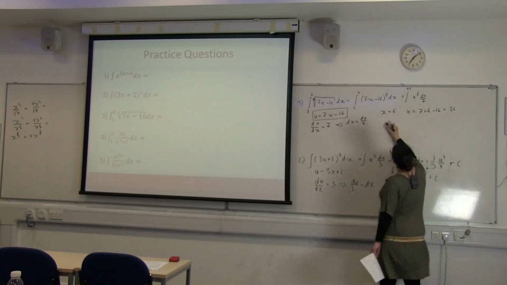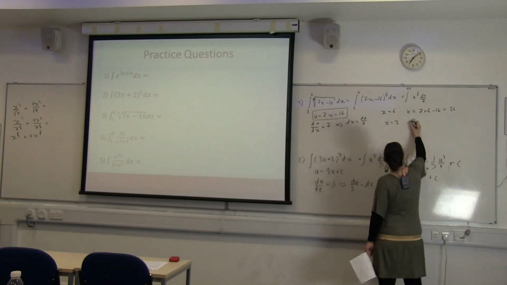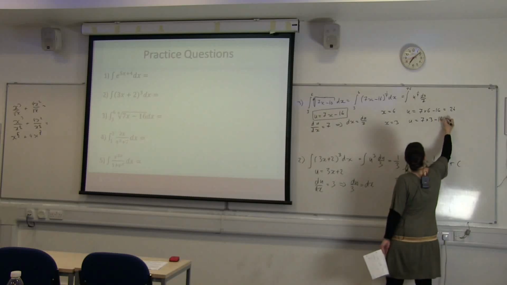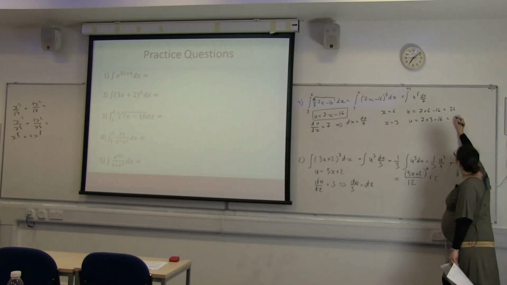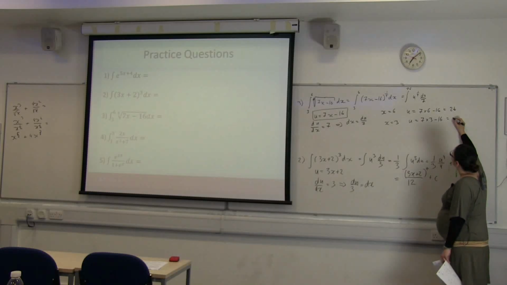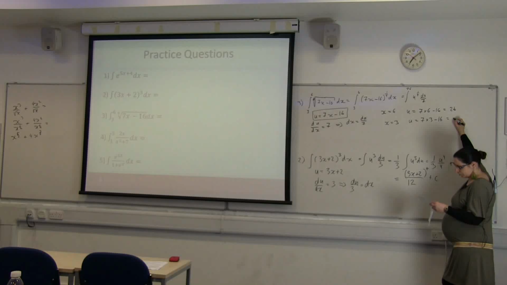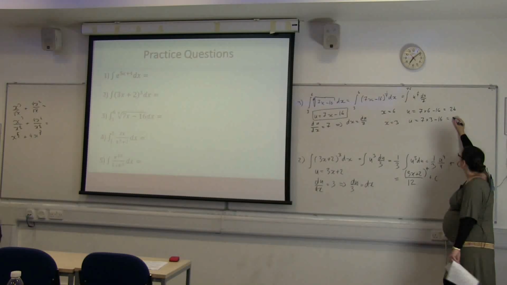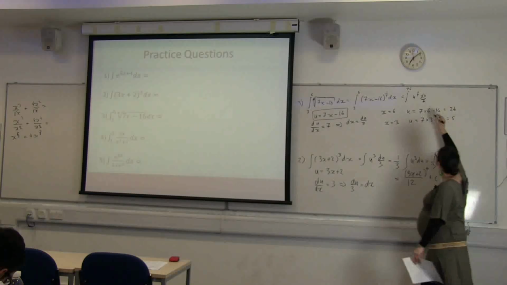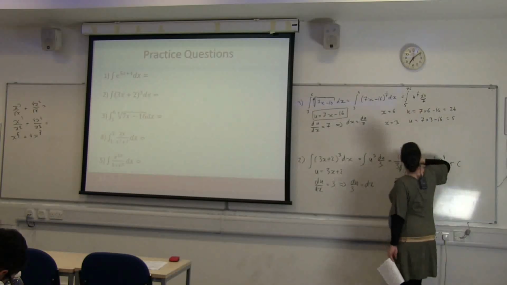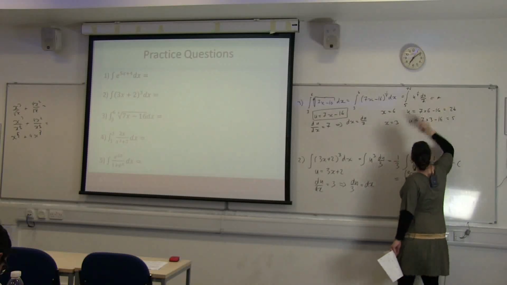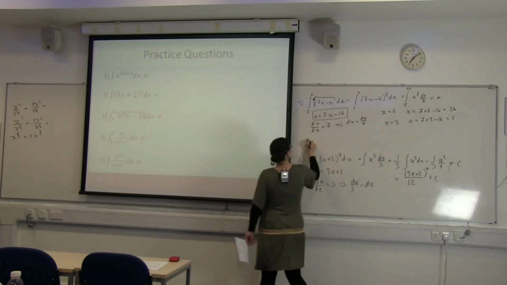And the lower limit, x equals 3, so u will be 7 times 3 minus 16. That is 5. I haven't made a mistake, I just misread my paper. And from here on, I'm going to make a star here, so we know that it follows on from that.